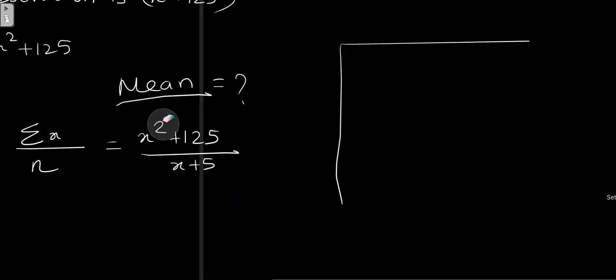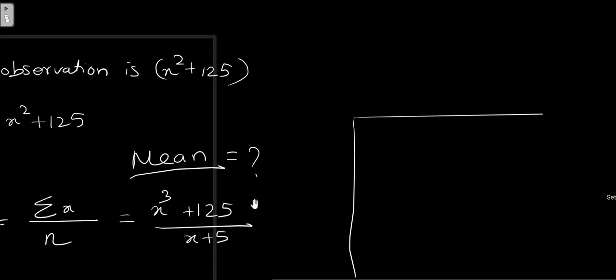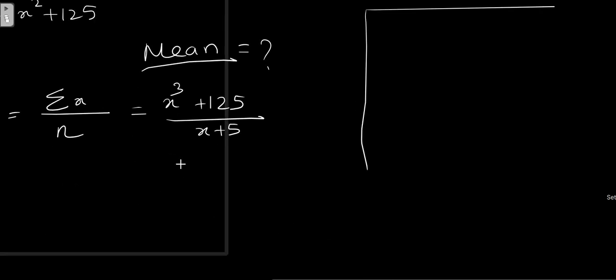So here x cube is given, x cube, not x square. Then here also x cube. So very easy. X cube, you can rewrite this as x cube plus 5 cube by x plus 5.